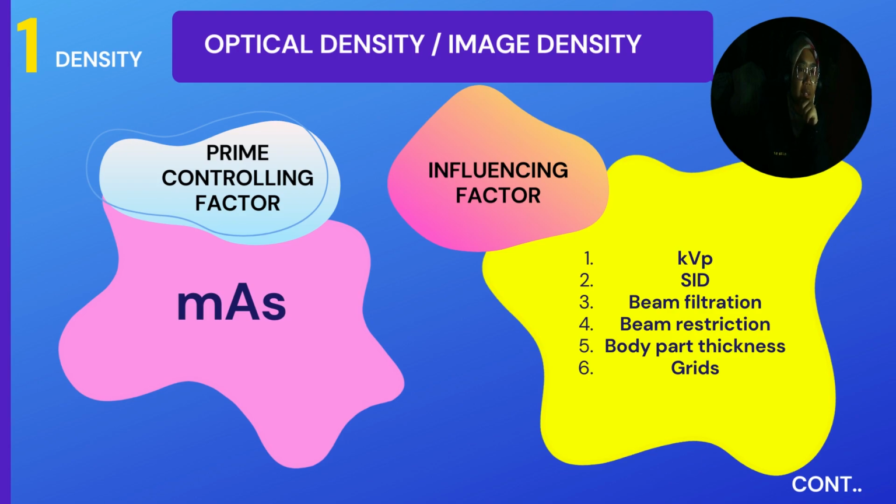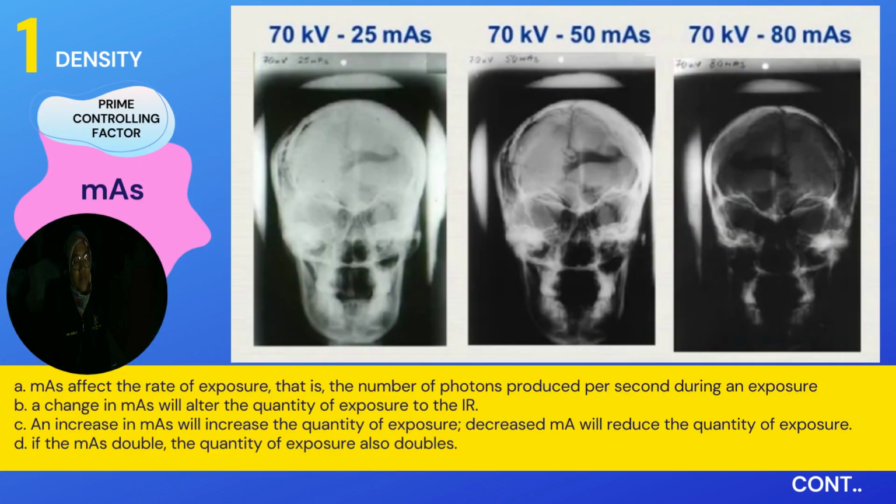The prime controlling factor for density is mAs, and the influencing factors are kVp, SID, beam filtration, beam restriction, body part thickness, and grids.